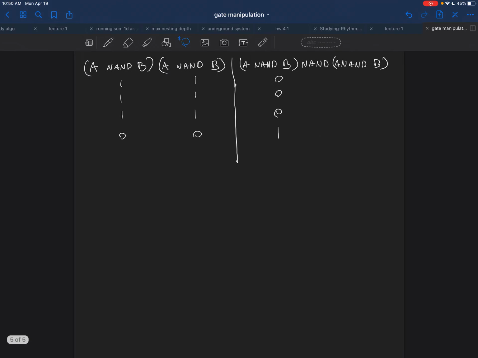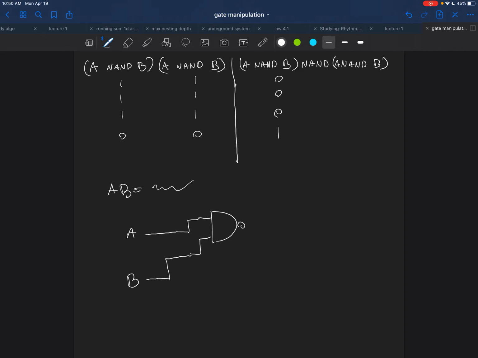Let's see, A and B. So A AND B equals that nonsense. And the gate writing would be, well, let's see, this might be a little sloppy. So to one side, I will do an AND gate, then I will cross the A. Maybe I'll do it in a different color so it doesn't get confused.